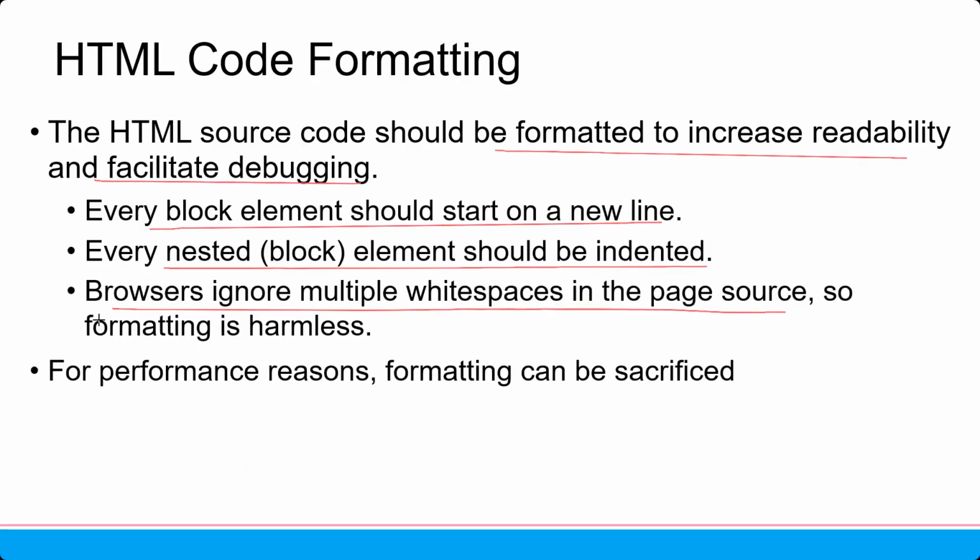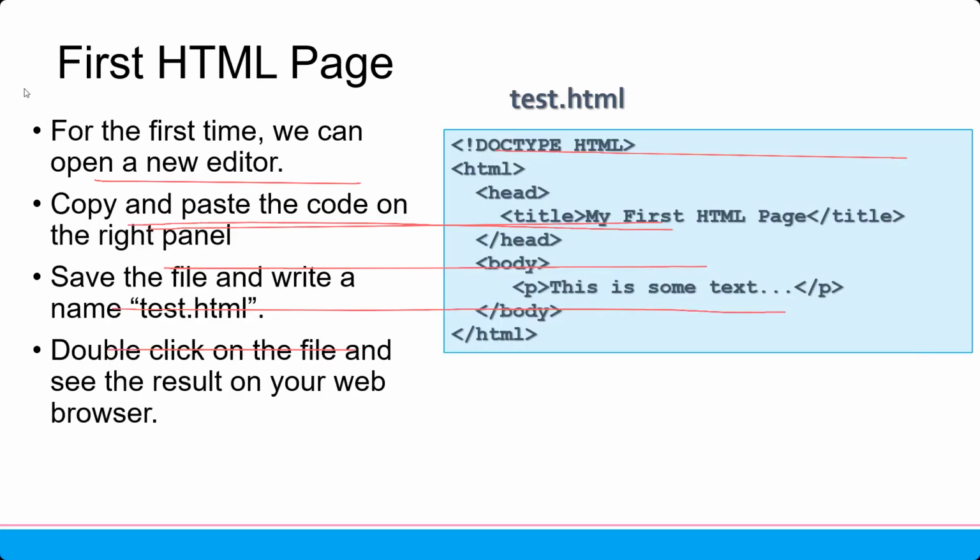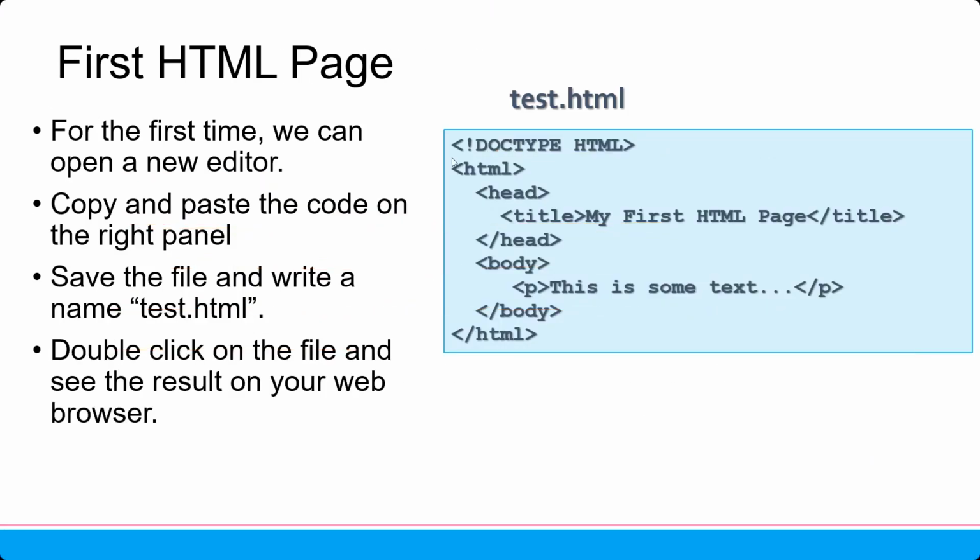So formatting is harmless. What does it mean? Okay. Every block element should start on a new line, like this one. It is just for easy understanding. This is one line. This is one line.